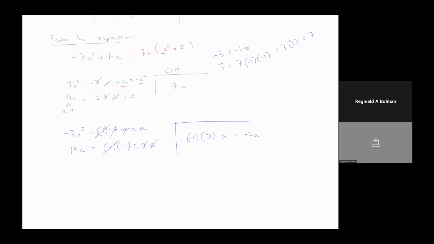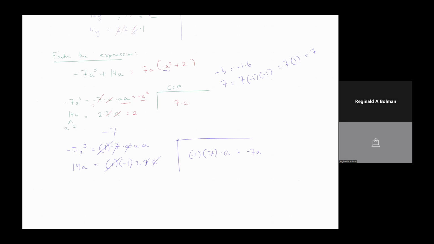So the negative 7a cubed plus 14a, because this is our new GCF, you can rewrite as negative 7a. And what's in parentheses? Well, just like before, you're going to have an a times a. That'll be a positive a squared. However, for your bottom term, you've got a negative 1 times 2. So that gives you a negative 2.